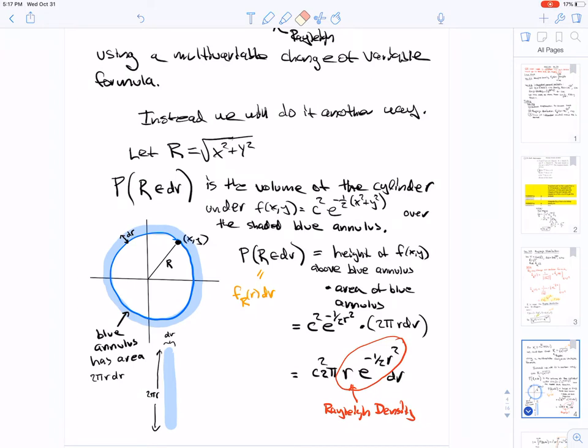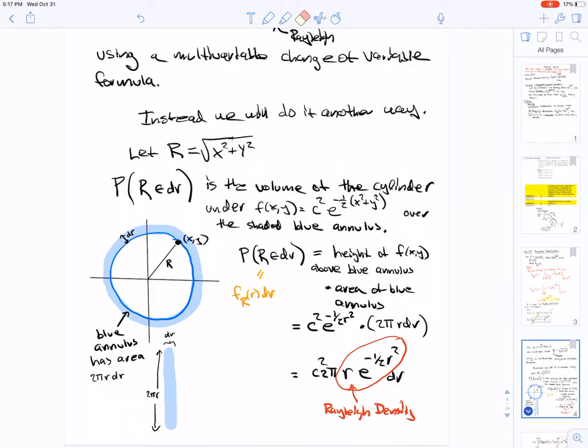So instead, let's let R be the square root of X squared plus Y squared. What's the probability that R is in dr? So that's the volume of the cylinder under the joint normal over the shaded blue annulus shown on the left here.